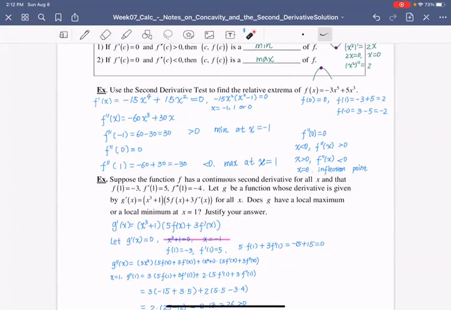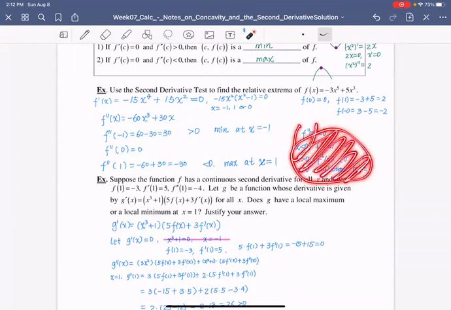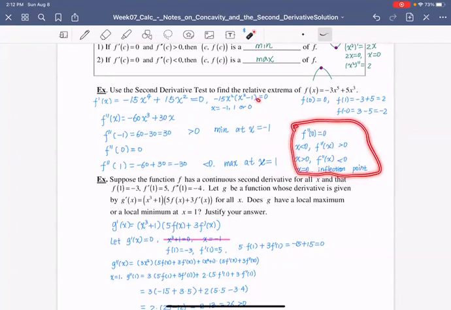Sorry, can you repeat your question one more time? Everything excluding this part is good enough for this question. You don't need to write it down. This question does not ask you for the inflection point.